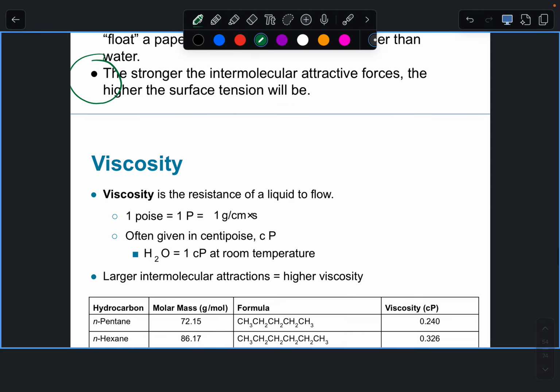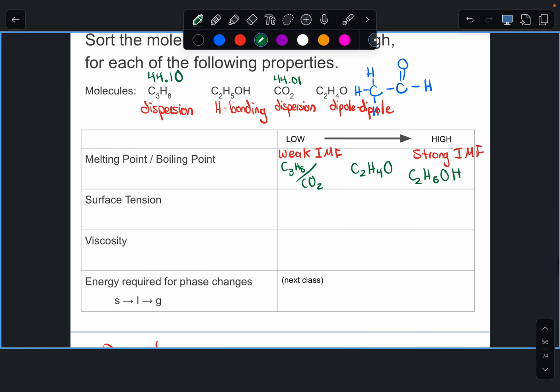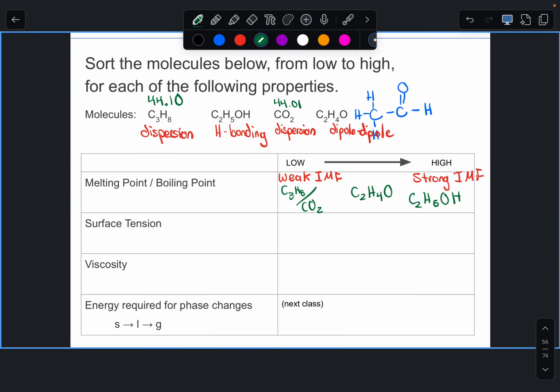So we can go back to our chart and say, okay, high surface tension also means strong intermolecular forces, and therefore means each of these same molecules. So the trend is the same. I'll just write same as above, in that the molecule with hydrogen bonding has stronger forces and therefore will have higher surface tension.